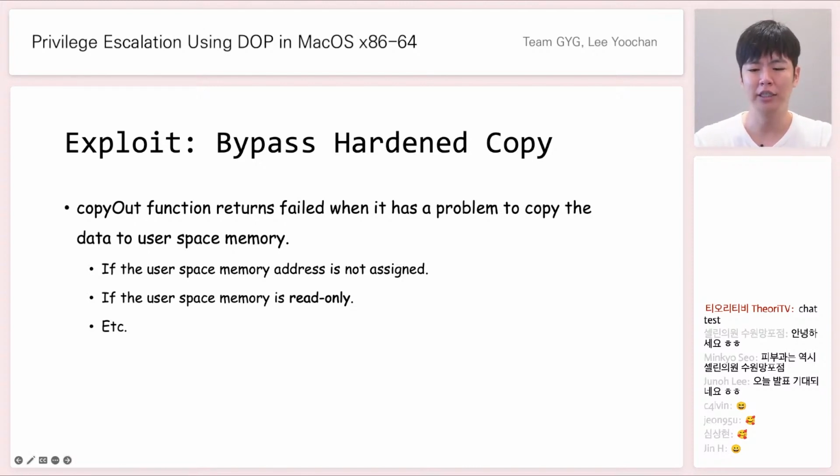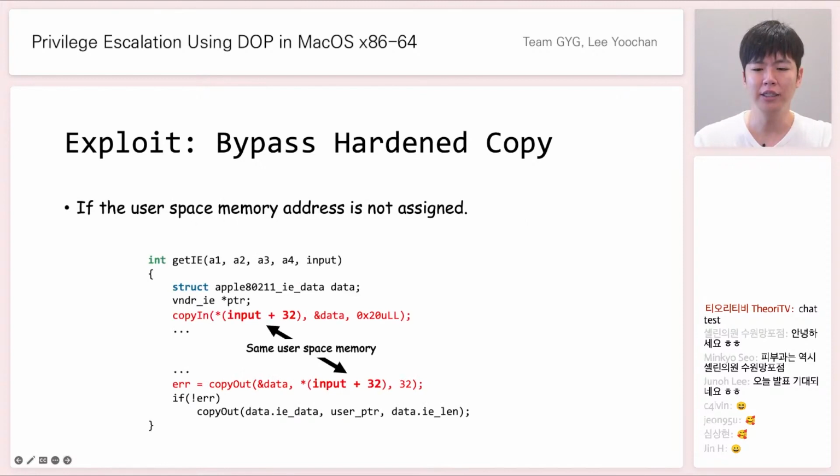The first case is when the user space memory address is not assigned. It returns fail. And if the permission of the user space memory is read-only, so that copying fails, it returns fail. For the first case, we determined it is not applicable to our bug.